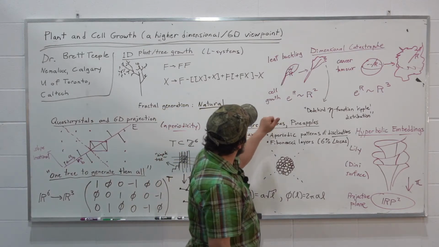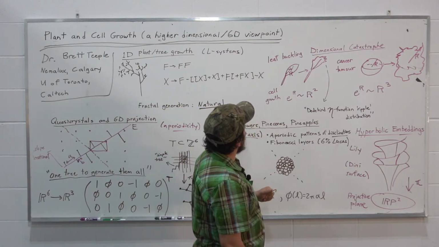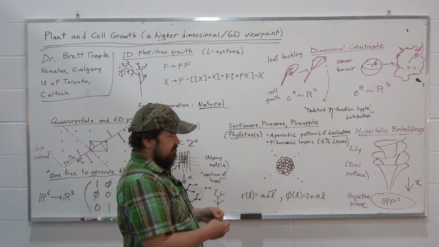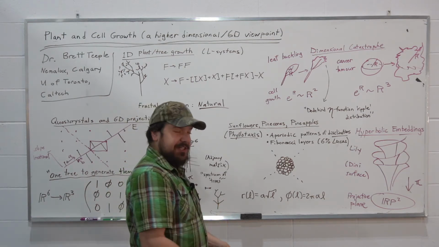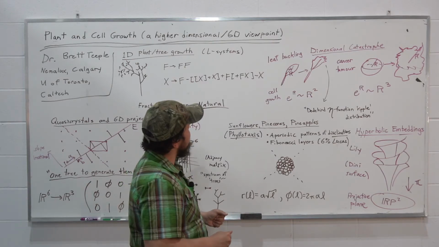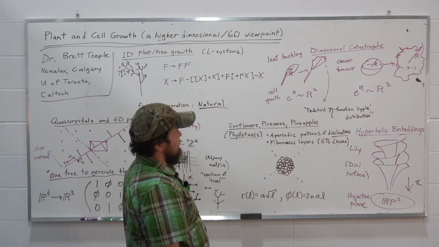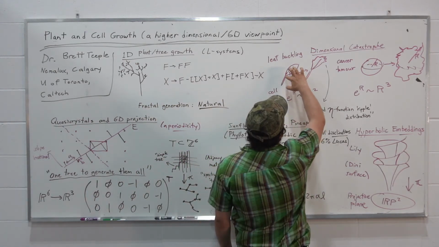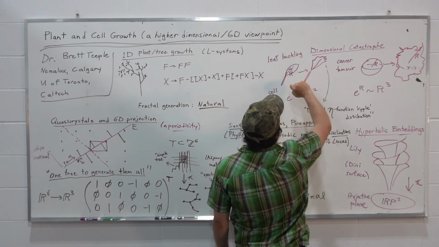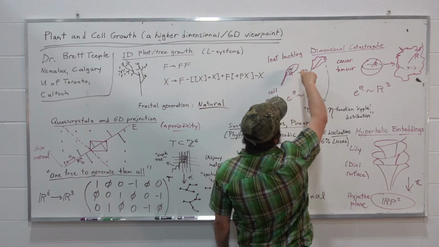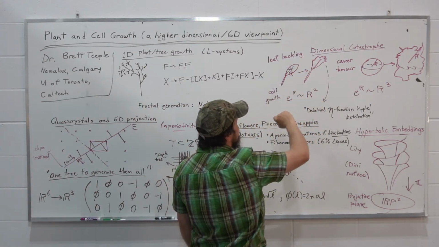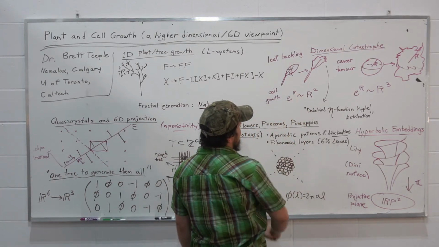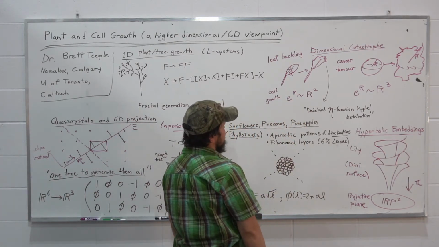So this is about cell growth, or cell division. As a plant grows, if you look, say, at a leaf, it's kind of smooth around its border. So cell growth, as you know, is exponential.